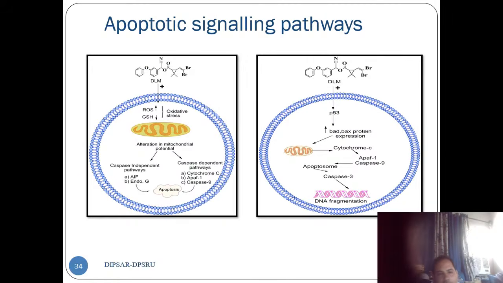You can't say that you don't know about the apoptotic signaling pathway, because apoptosis is something which is involved in each and every cell, right?